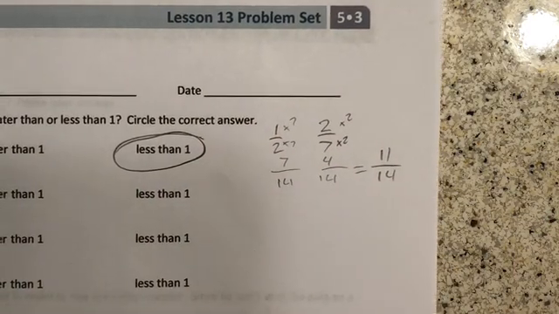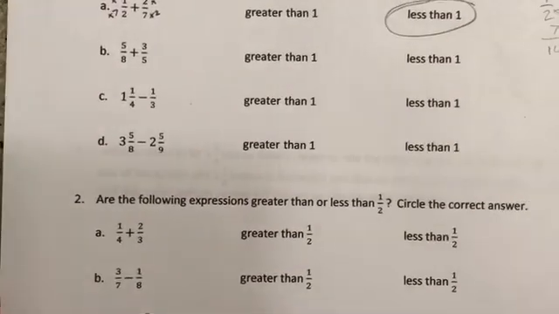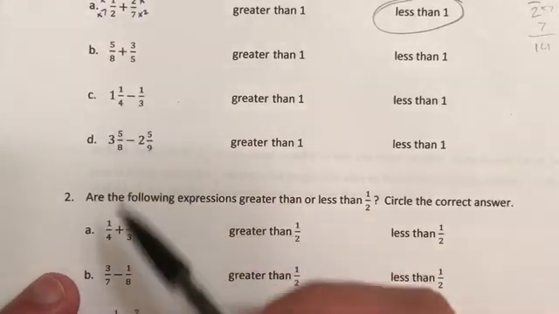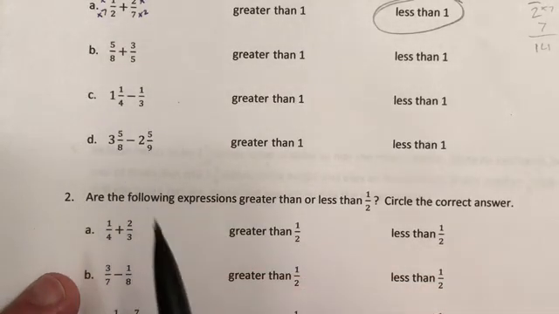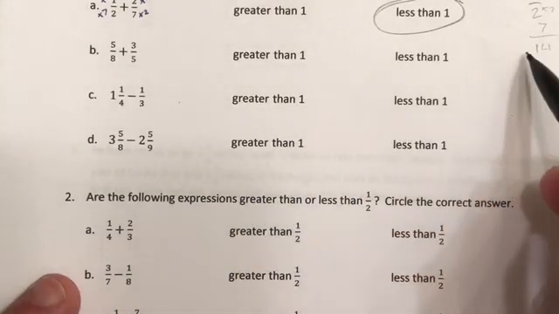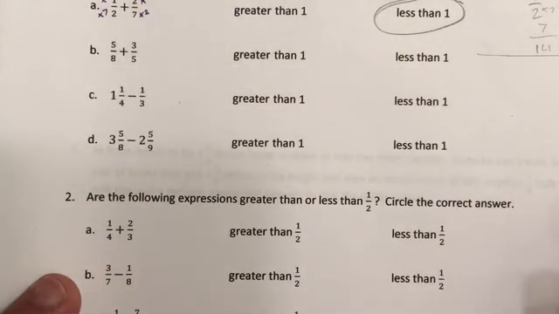Okay, let's take a look at letter C. Letter C says 1 1/4 minus 1/3. Again, you might want to do this on a different piece of paper. I have the luxury of only doing every other one, so I have some space over here.